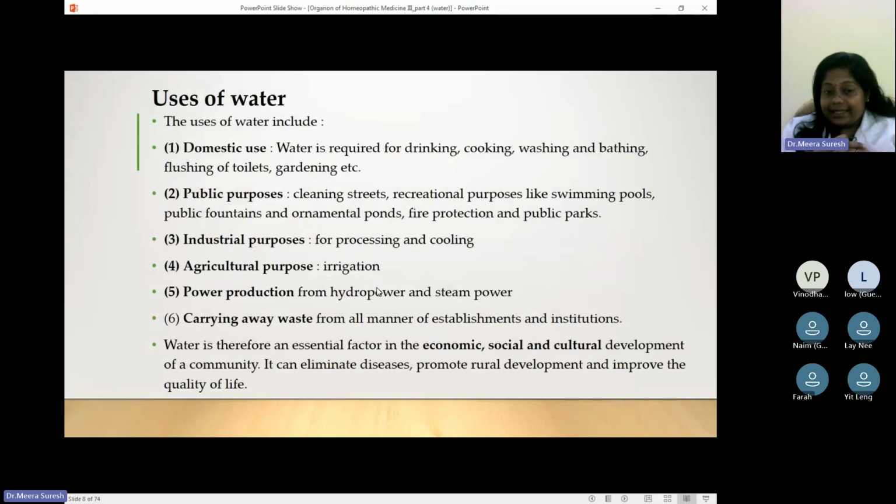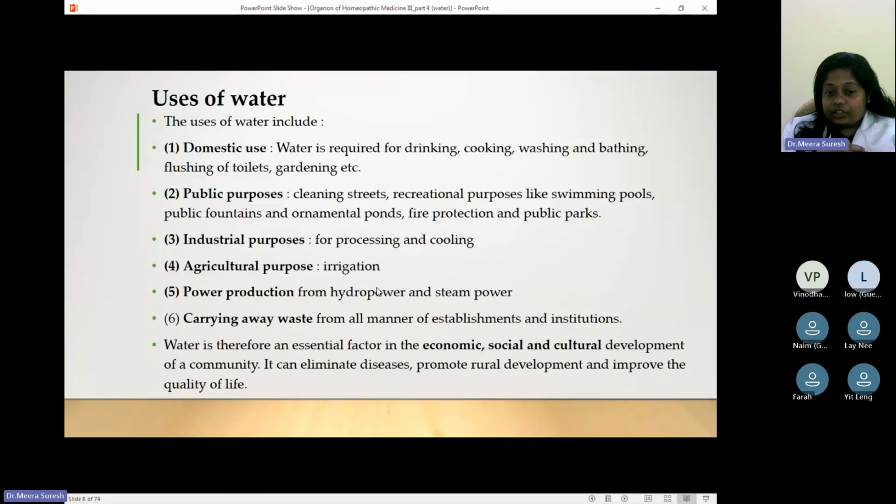Public purposes include cleaning streets, recreational purposes like swimming pools, public fountains, ornamental ponds, fire protection, and public parks. The industrial purposes are processing and cooling; agricultural purpose is irrigation; power production includes hydropower and steam power; and also to carry away the waste.